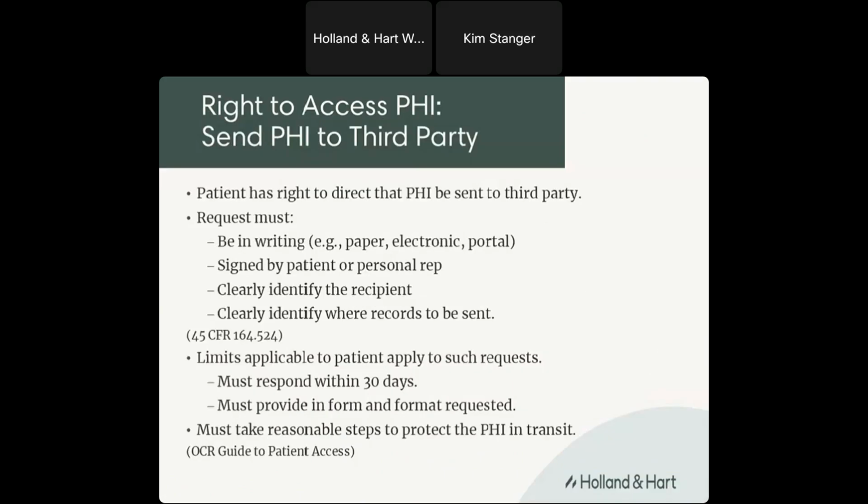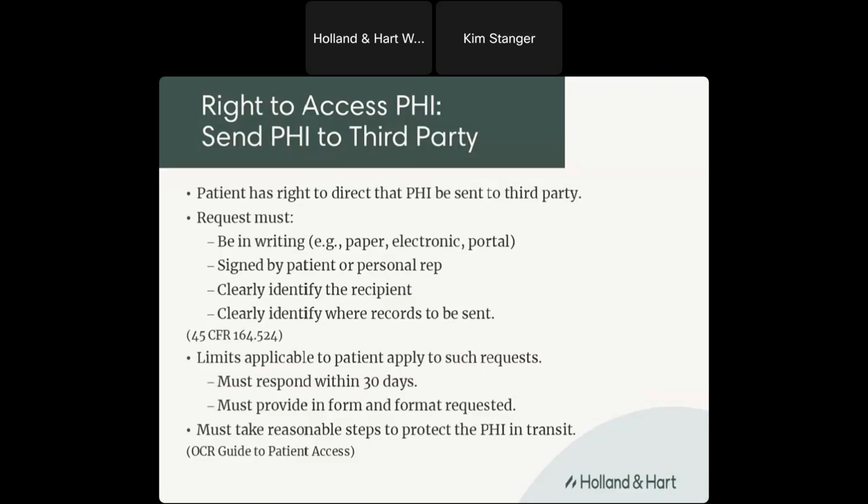Now, as part of their right of access, the HIPAA rules do allow the patient to not only get the records themselves, but for electronic records, they can direct you to send electronic records to a third party. And they don't need a HIPAA authorization for that.